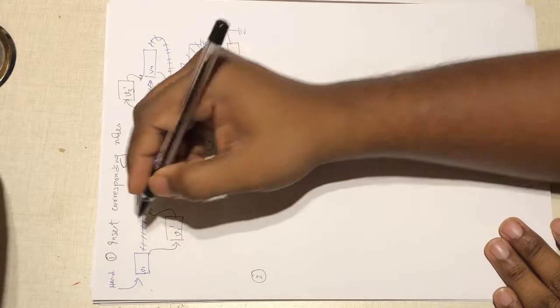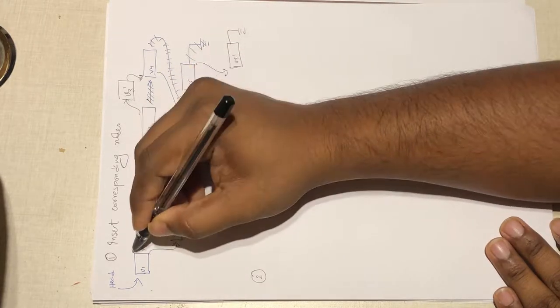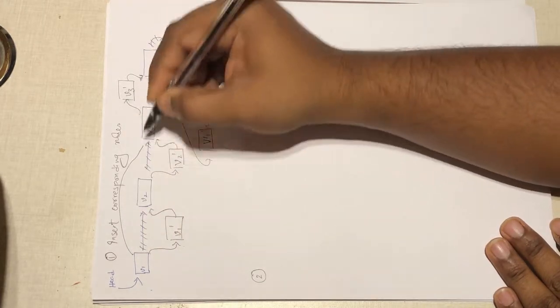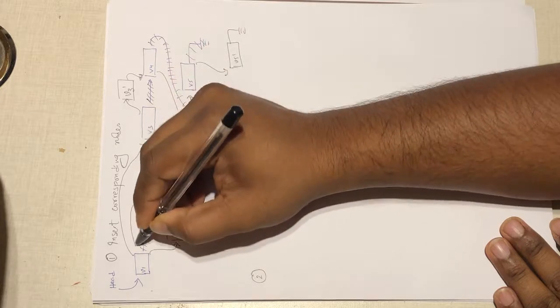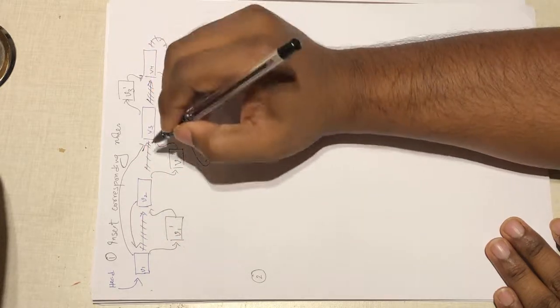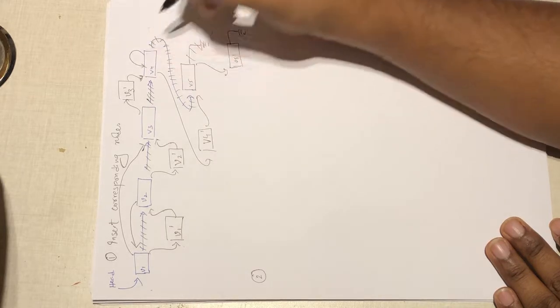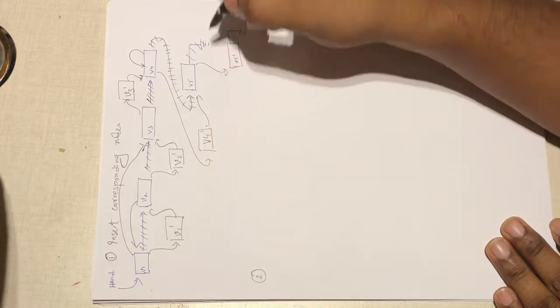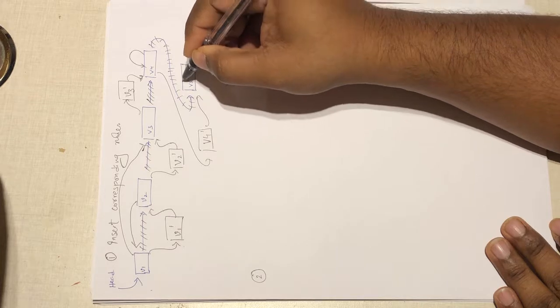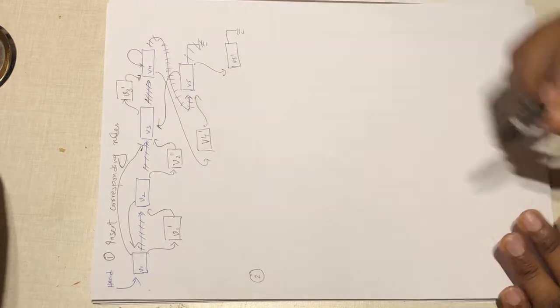So assume your initial random pointers were v1 going to v3, v2 going to v1, right? v4 going to v4, v5 going to v3, right? I should have drawn in some other color, but yeah.